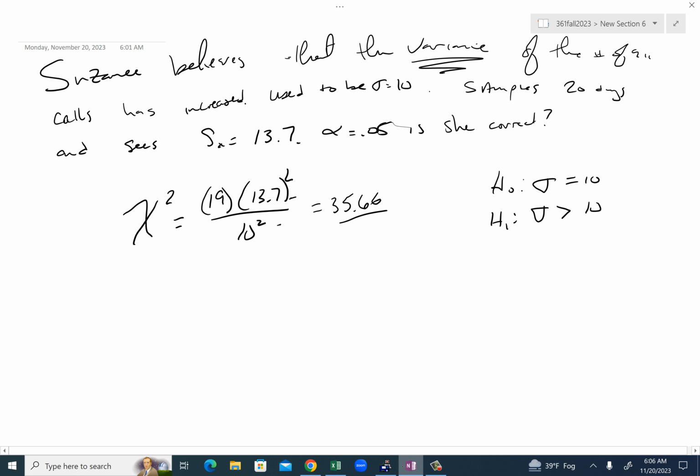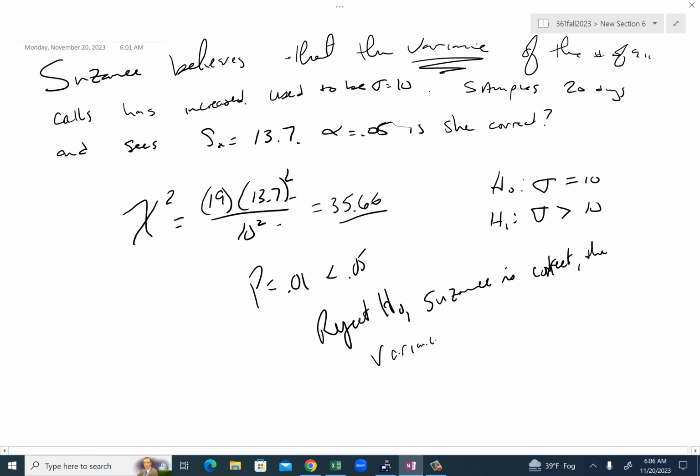So my p-value here is 0.01, which is, of course, less than 0.05. So we're going to reject H naught. Suzanne is correct. The variance has increased significantly.